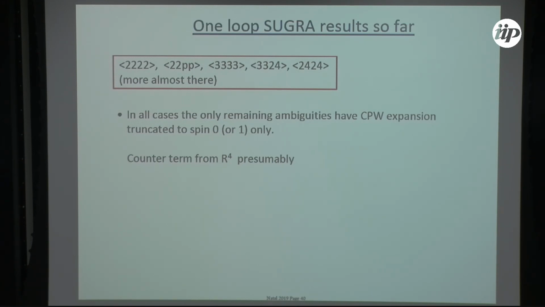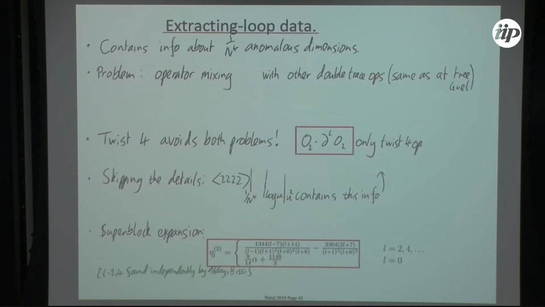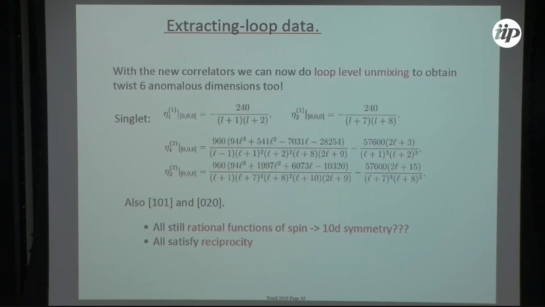Now, I don't have any time left, but of course you can extract data from the correlation functions. So you can extract the twist 4 data. Again, there's a mixing problem to do. So from the 2222, you can only extract the twist 4 data because it's the only one for which there's only one operator. But now we have a few more one-loop correlators.